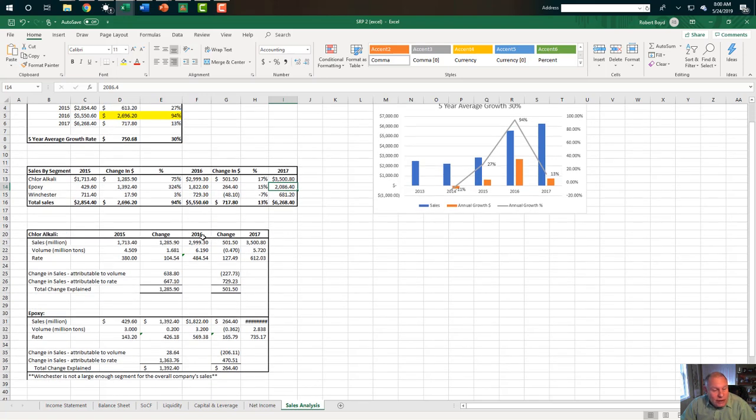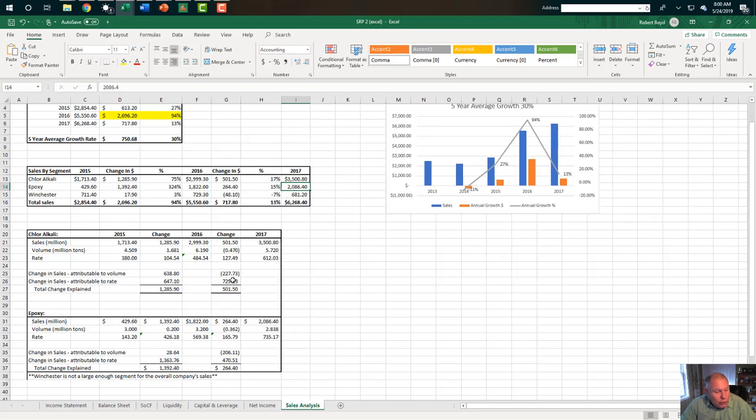But if we just look at the base chlor alkali, we can see again, we've taken the volume. Okay, here's the dollars. There's the volume, tons, and the rate. So again, we could calculate out how much is attributable to each one. And then we can say the volume went down. Okay, they produce less. And then the price went up, and the increase in price is what drove the big increase in dollar volume.